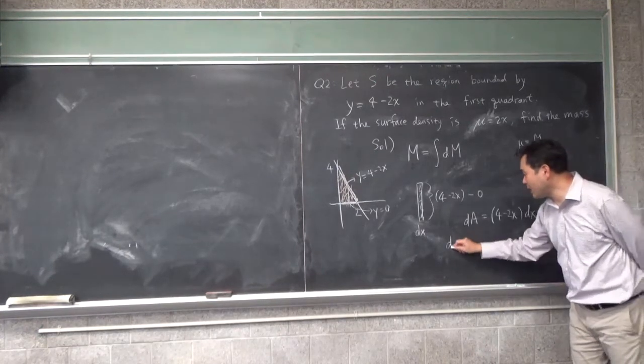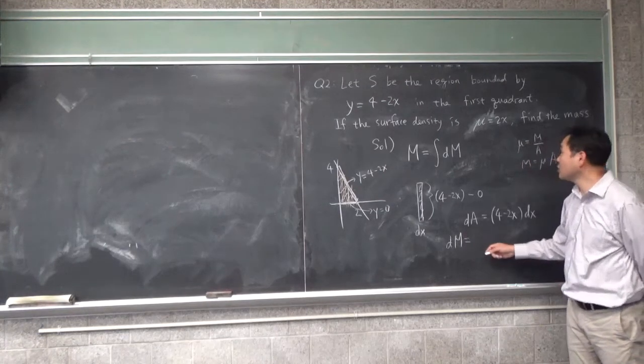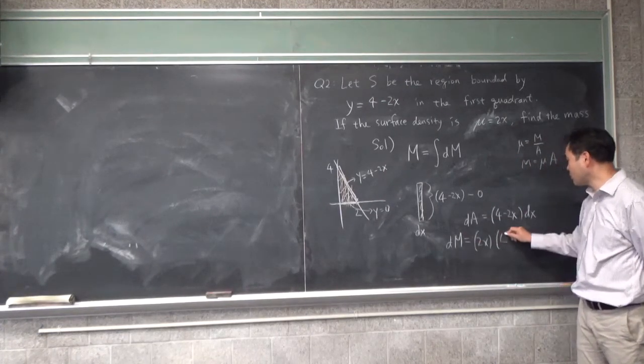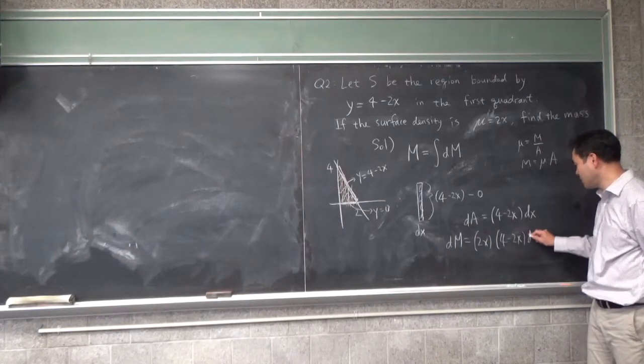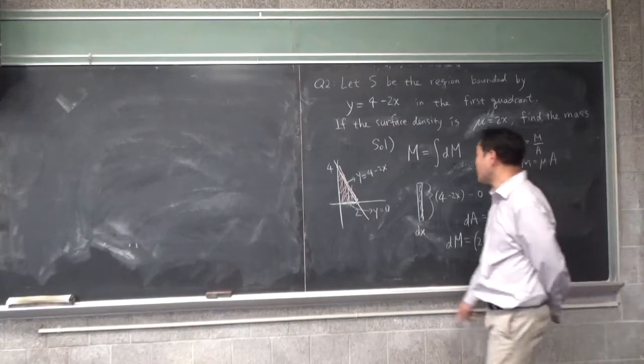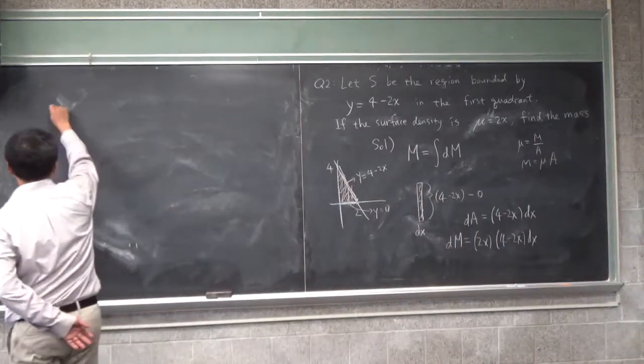So our dm would be mu, which is 2x, times 4 minus 2x dx. So that's my dm. Now we can do the calculation.